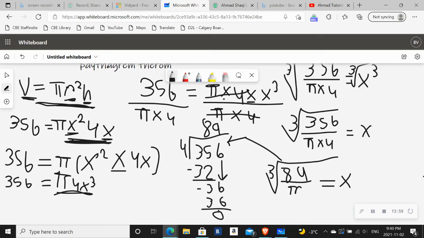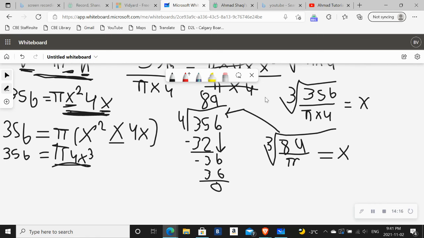And so that leaves us with an answer of cube root of 89 over pi equals x. And so what it wants from the start is the radius. We wanted to know the radius. And the radius is, this is the answer.